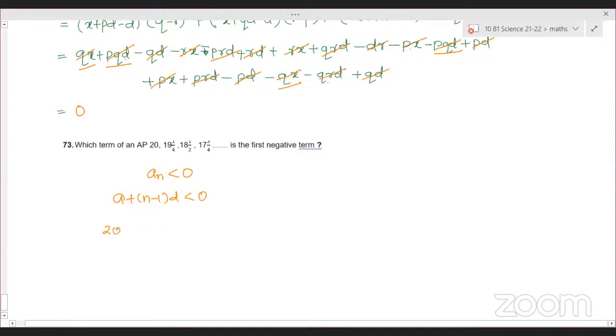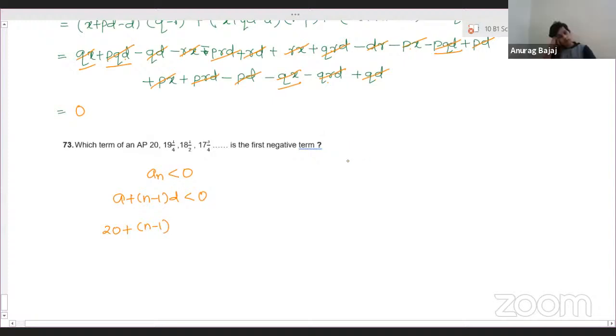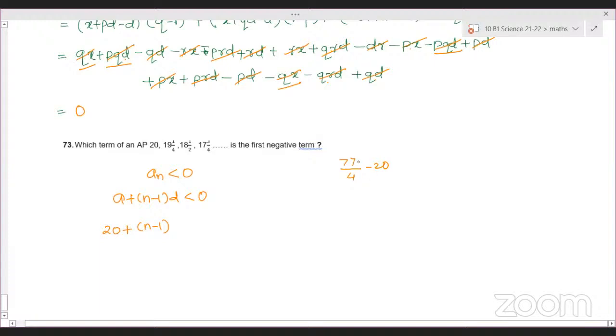A is 20 plus (n minus 1), and the difference is minus 3 by 4. So 20 minus 3n by 4 plus 3 by 4 is less than 0.